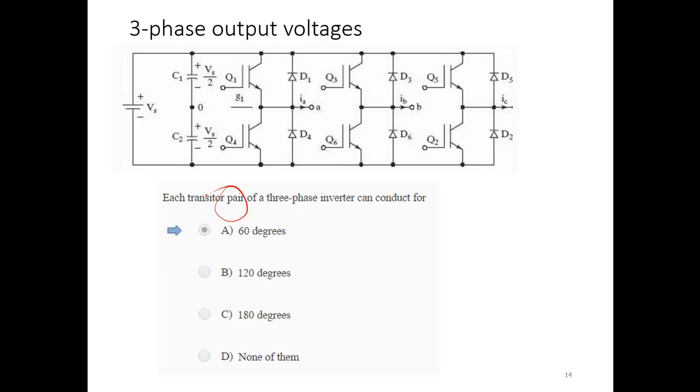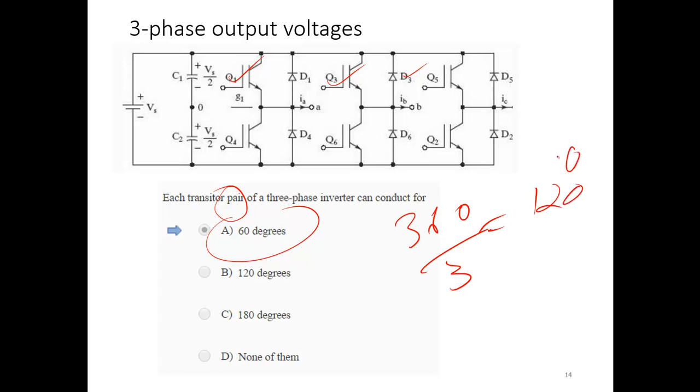That will be 1 and 2, 2 and 3, 3 and 4, 4 and 5, 5 and 6, 6 and 1. There are 6 of them, 360, so 60 degrees. But this is normally one pair, and the 2 of them will be 120 degrees. Normal conduction is 120 degrees. There are 3 of them, 1, 2, 3, 360 divided by 3. That's the common one, 120 degrees. Like in previous cases, 120 degrees is more common.